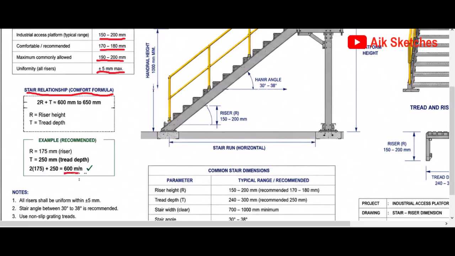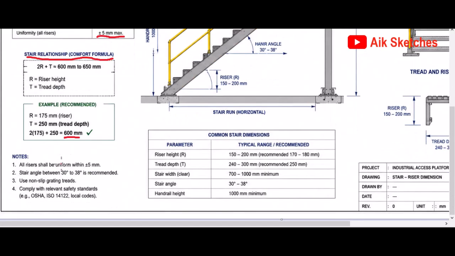So using this formula of 2R plus T is equal to the range of 600 millimeters to 650 millimeters, we have 2 times 175 plus 250, which gives us 600 millimeters. So this passes the comfort formula test because it falls within the range of 600 to 650 millimeters.